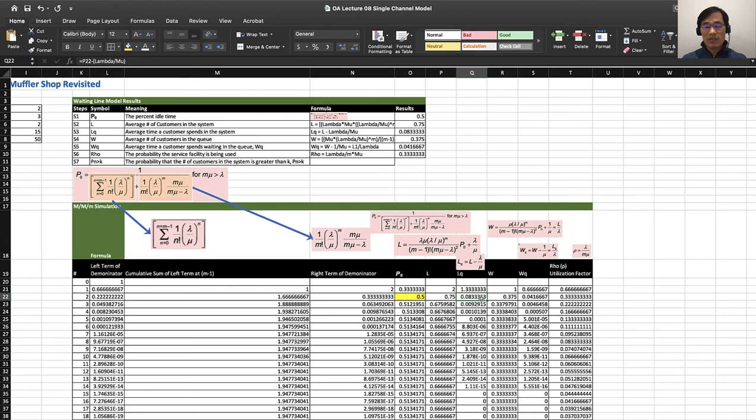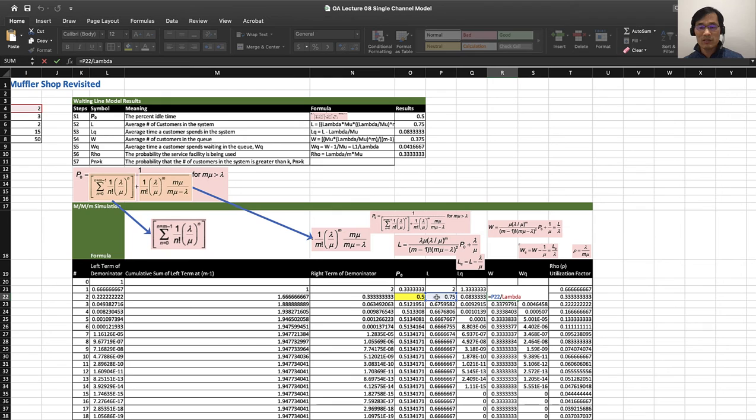And 0.83, 0.08 is actually customers spending the time in there, and the average number of customers in the queue right here is W. P22 divided by W, because this W function is quite complicated, but it comes down to L over lambda, right?